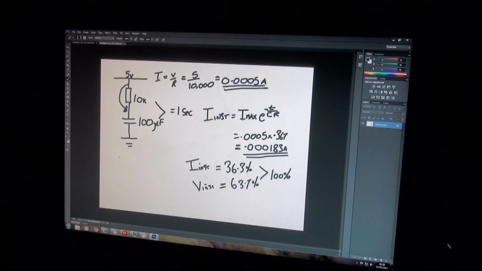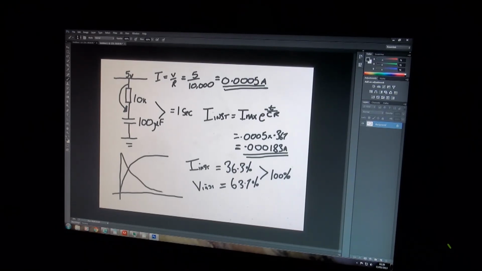And if you were to graph this, once again Excel is the best way of doing it, you will see that the voltage rises rapidly at first until it reaches its maximum value, an exponential growth curve, and the current falls by the same amount. We can try and draw that.